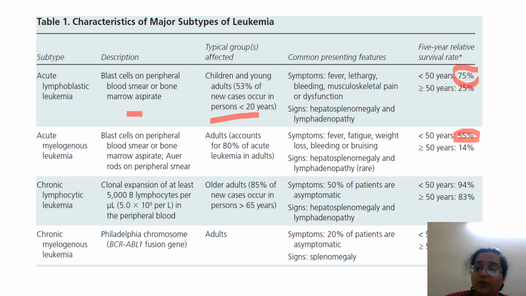CLL is more common in older age groups, and 5,000 is the cutoff, with lymphocytosis greater than 50%. And CML, BCR-ABL1 fusion with splenomegaly. Fibrosis needs to be ruled out, although with the advent of newer tyrosine kinase inhibitor (TKI) therapy, the presence of fibrosis is now not prognostically important.